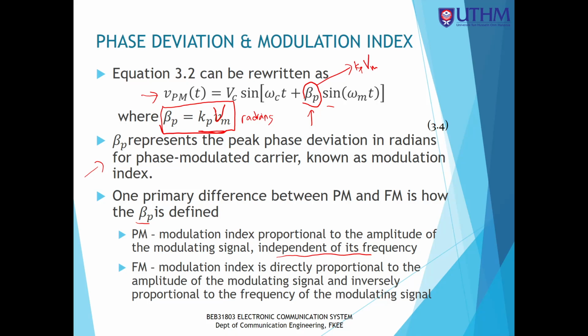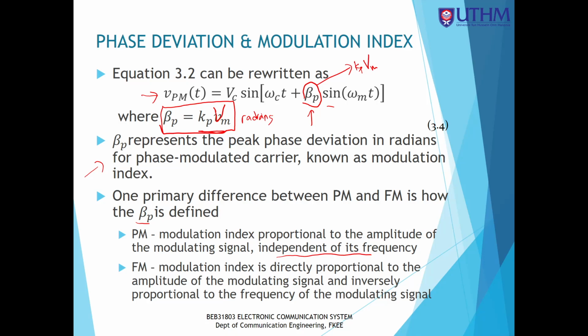The higher the Vm, the higher the modulation index. So this beta P is not related to the modulating signal frequency fm. Regardless of what frequency you use for the modulating signal, it is still the same. It will change only based on the peak amplitude of the modulating signal, which is Vm.